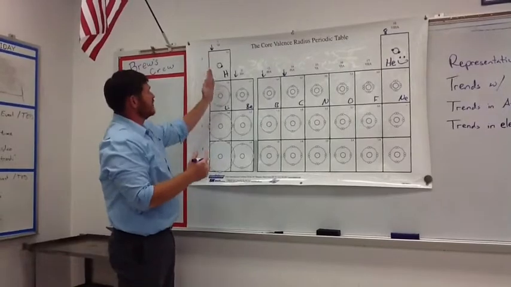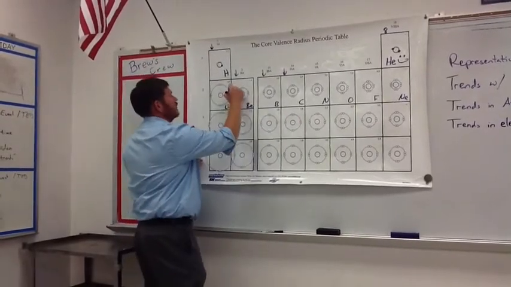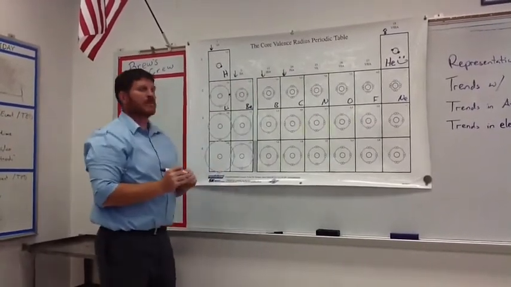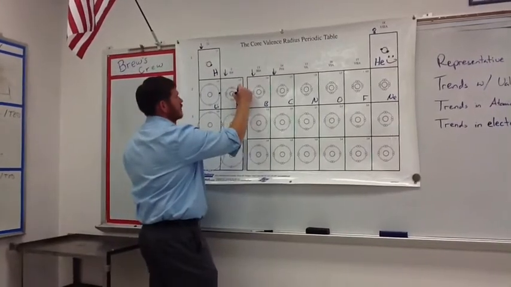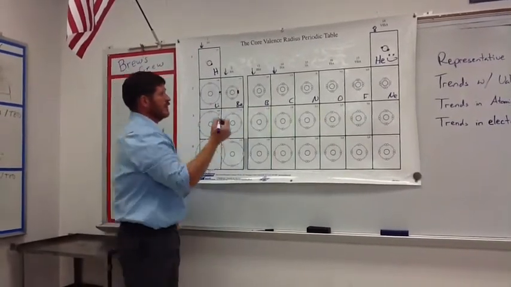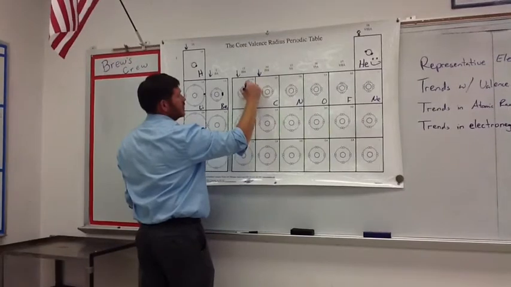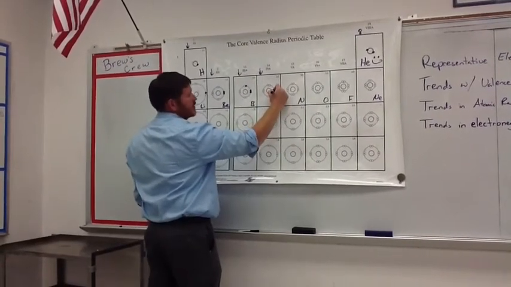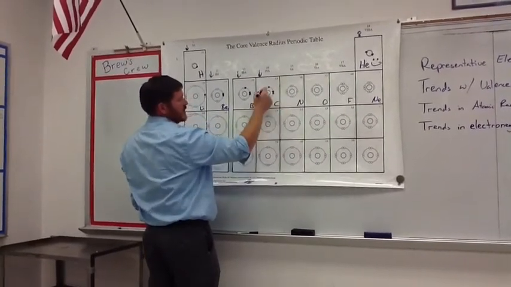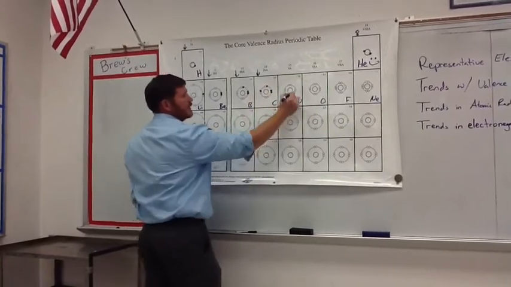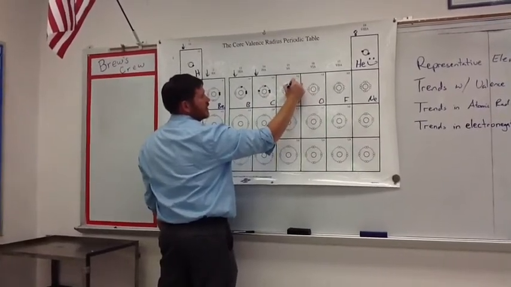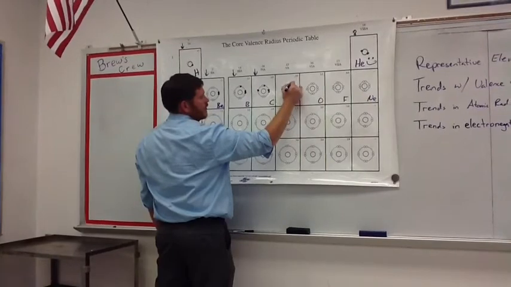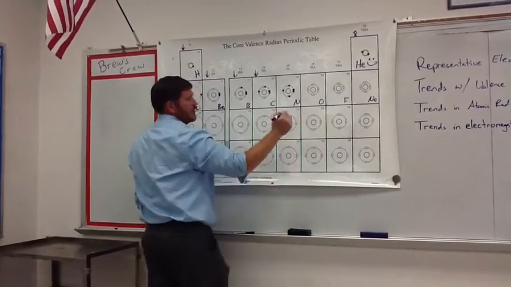Lithium has, since it's in the first column, 1 valence electron. Beryllium has 1, 2. Boron has 1, 2, 3. Carbon, 1, 2, 3. Remember how we did this? We skipped that one. We don't buddy up yet. Nitrogen, 1, 2, 3, 4, 5.